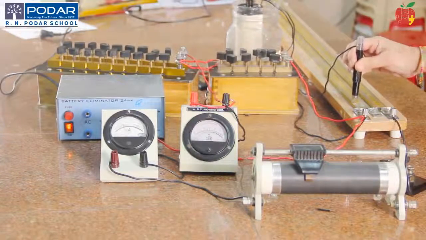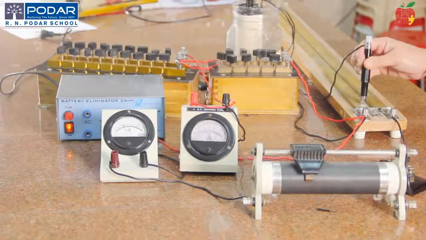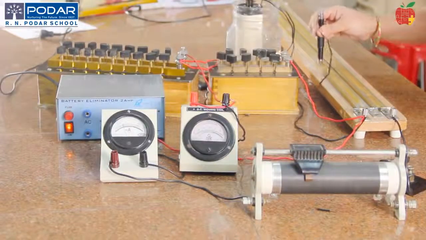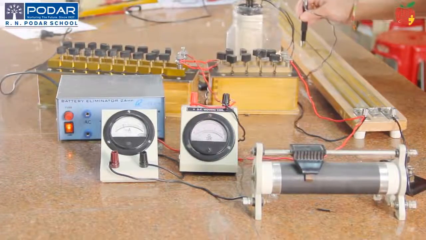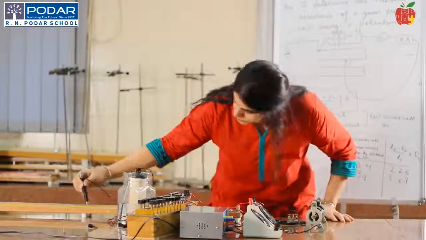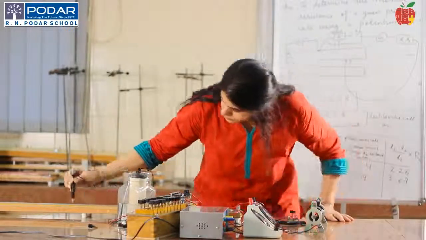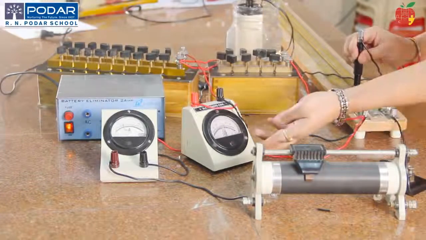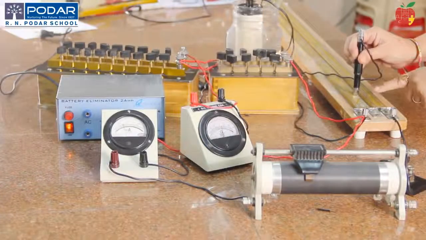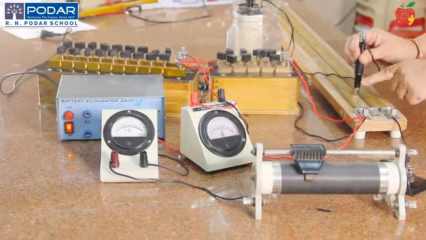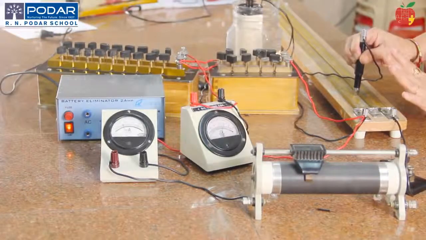We see deflection on one side, and you put it on the other end and see it on the other side. Now start moving the jockey on the potentiometer till you get the balancing length. You can see this in the diagram. There is no deflection at this position, so note down this position. This position is your L1 when the Leclanché cell is in an open circuit.